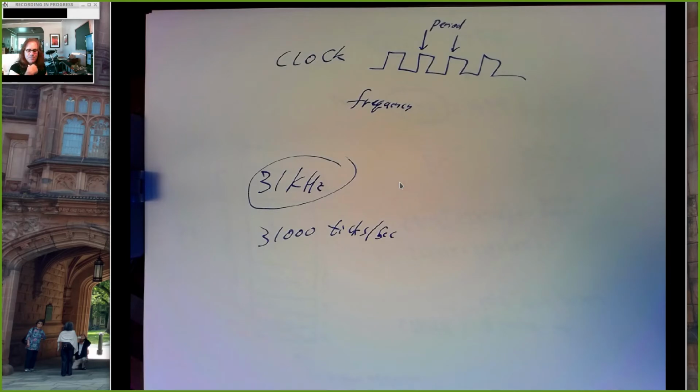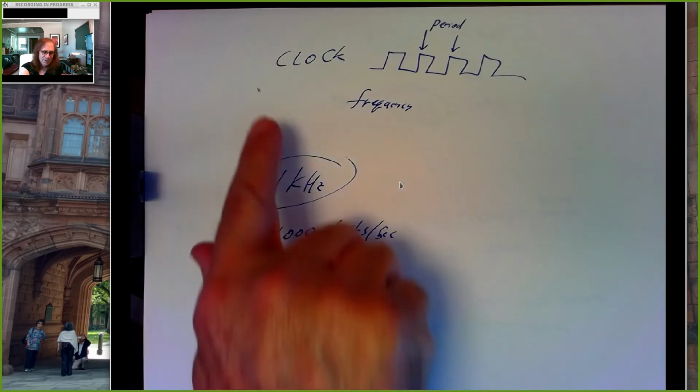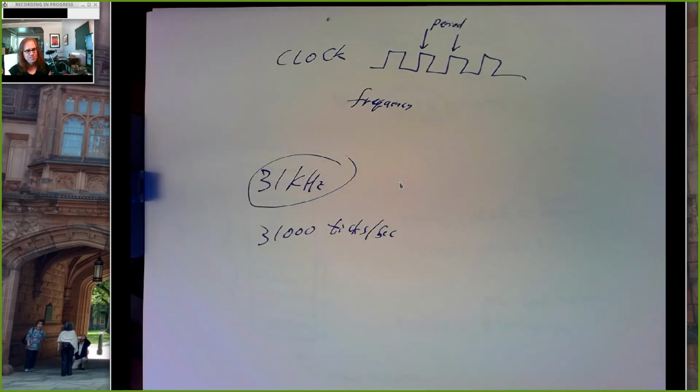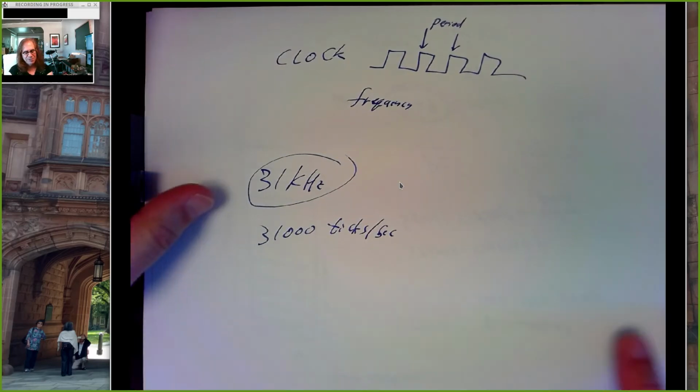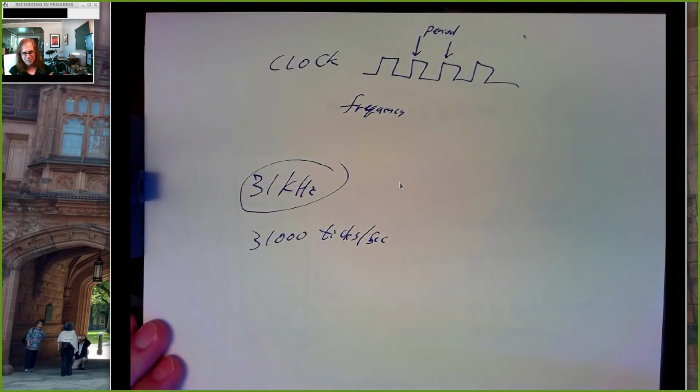There's other clocks inside the processor. The fastest one goes at 8 megahertz, so 8 million high-low transitions per second. The default one you get is 31K. And mostly we'll deal with the 31 kilohertz clock.